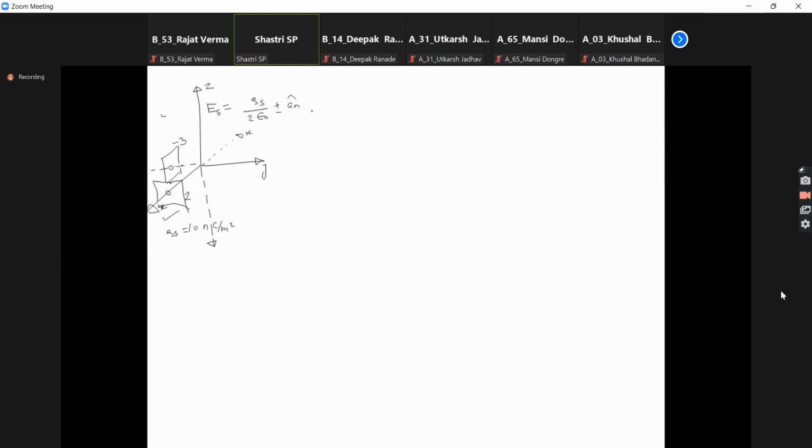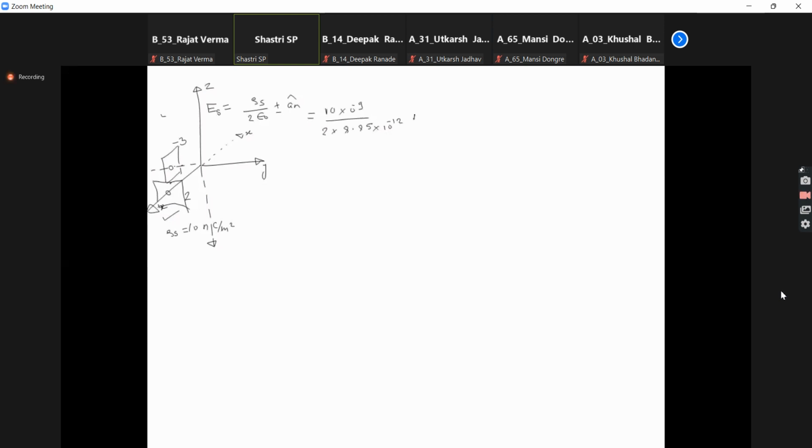problem, at that time what you have to do is simply substitute the values, because it's formula based. So here it is 10 nano, so 10 raised to minus 9 coulomb per meter square, divided by 2 into epsilon naught, that's a constant, 8.85 into 10 raised to minus 12.